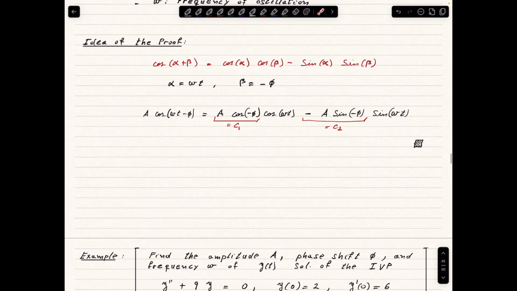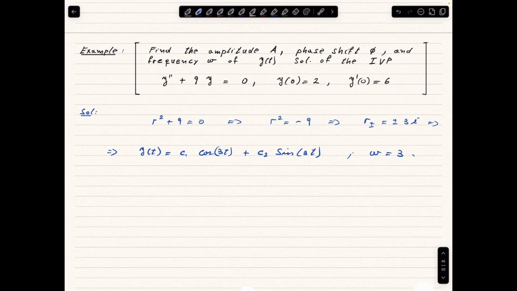Okay, so we know that the solution can also be written as amplitude cosine of 3t minus phi. And now we need to use the initial conditions to find the amplitude and the phase shift.